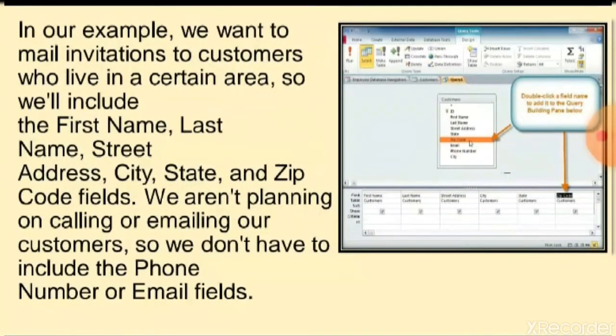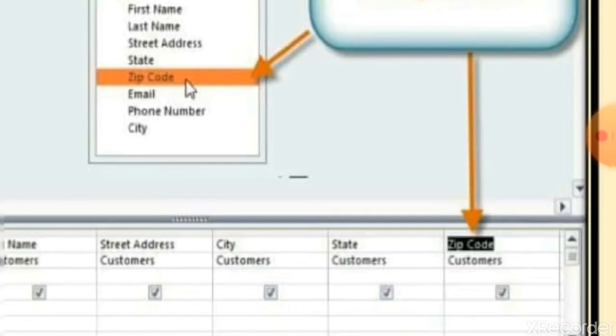In our example, we want to mail invitations to our customers who live in a certain area. So we will include the first name, last name, street address, city, state and zip code fields. We are not planning on calling or emailing our customers, so we do not have to include the phone number or email fields. You can see in this diagram.